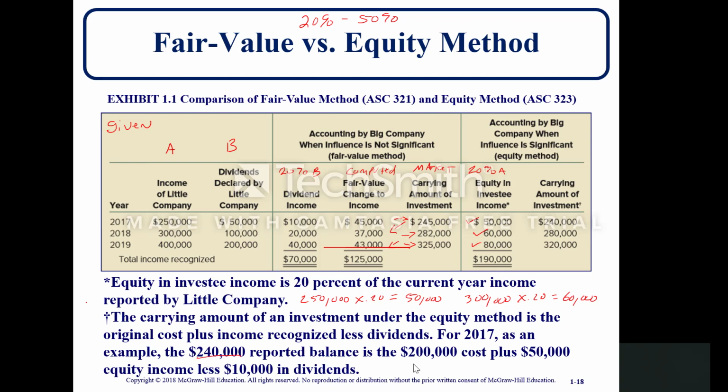That 240,000 came from the 200,000 original cost plus the $50,000 income they recognized over here, less $10,000. And the $10,000 came from the $50,000 dividend times 20%. And that's how they computed the 240,000.